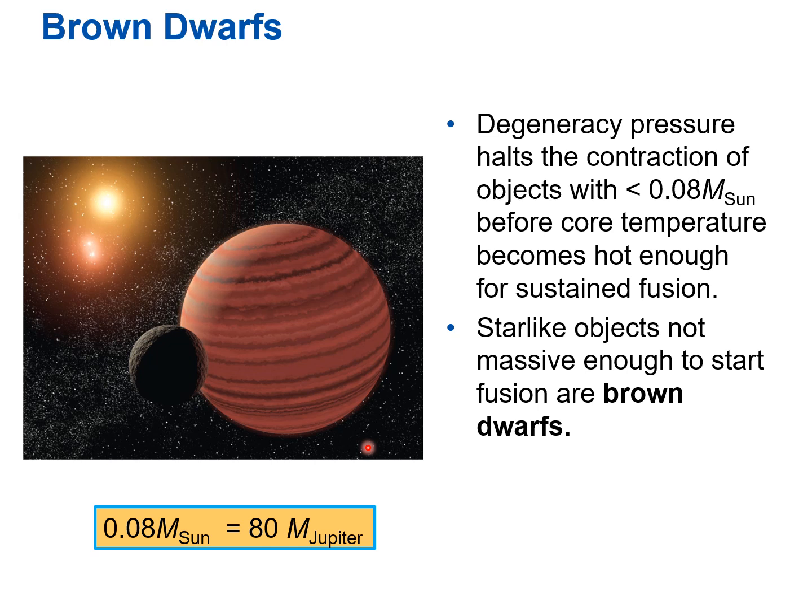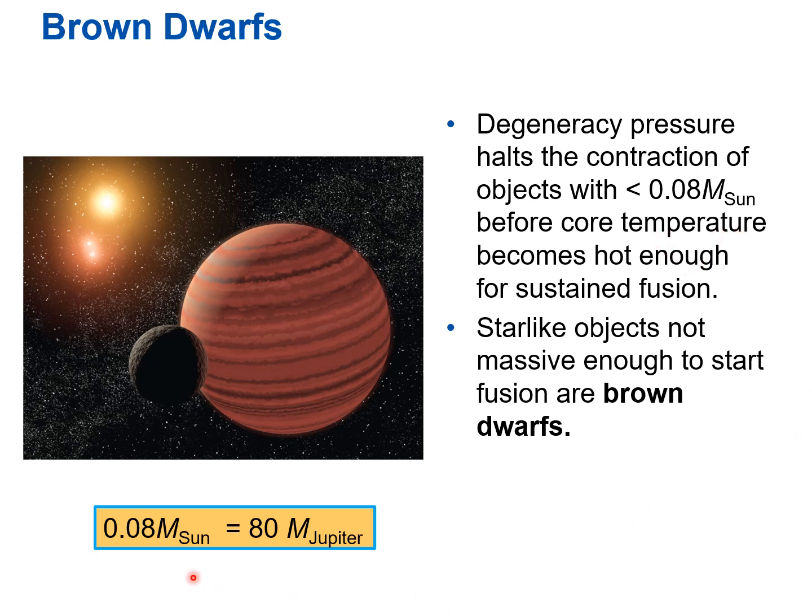Straddling the line between gas giants and planets are brown dwarfs. They can have some sparks of nuclear fusion going on inside them, but it's not sustained nuclear fusion. It's just not massive enough to create that temperature. So this is the minimum mass of any star, 0.08 solar masses.